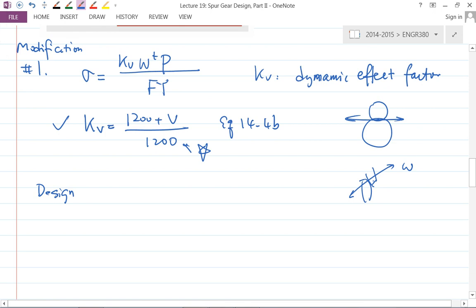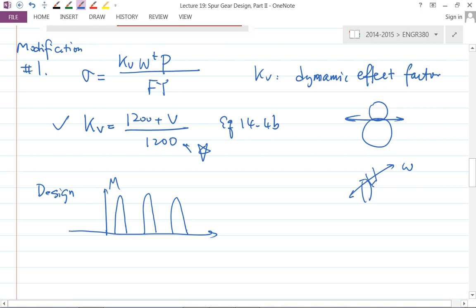So you can always draw the stress, the bending moment on the gear tooth, like this. It increases, then comes back to 0, like this. So that's how the bending moment will vary on the gear tooth.